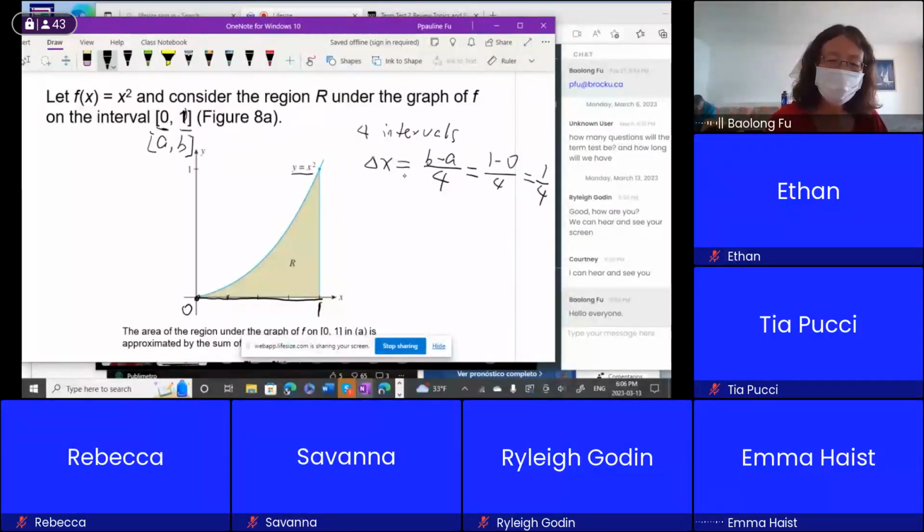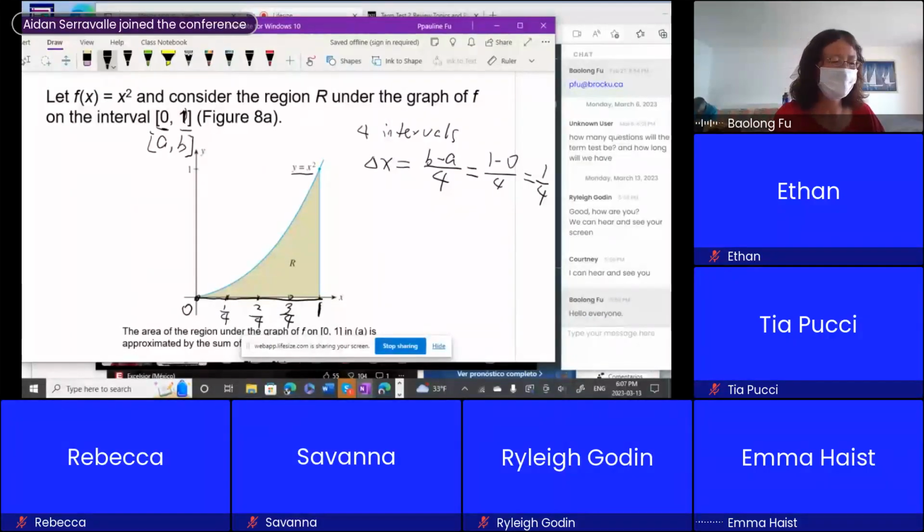The first interval would be here, this is 1 over 4, and this point is 2 over 4, this point 3 over 4, and this is 4 over 4, it is 1. So we divide 0 to 1 into 4 intervals.